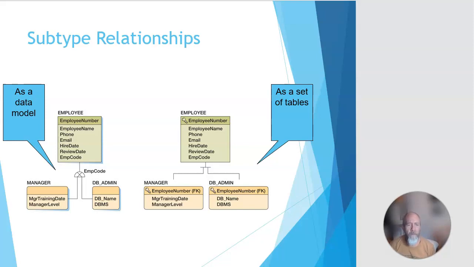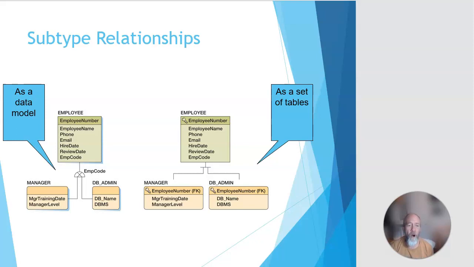But if you make a relationship between the manager and the DB admin, and notice, manager and DB admin have as a primary key the employee number, which is a foreign key back to the employee number of employee. So a manager exists as a specific subtype of an employee, and a DB admin exists as a specific subtype of an employee. Okay.